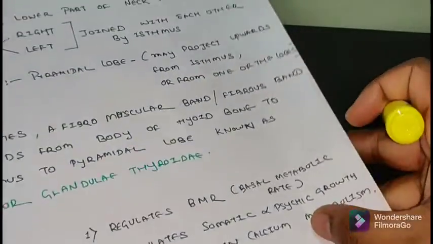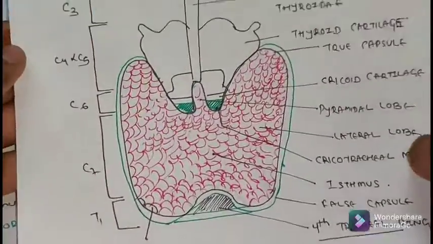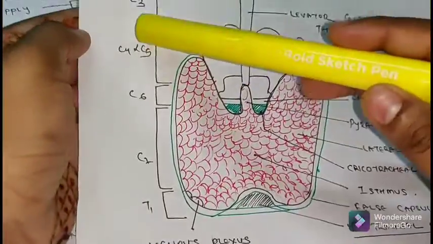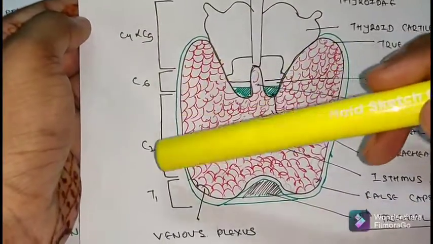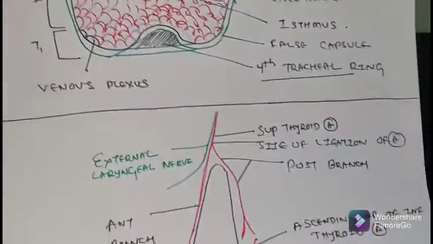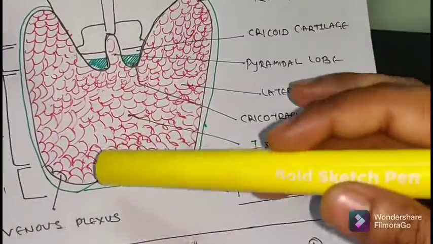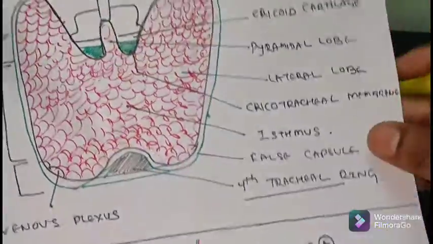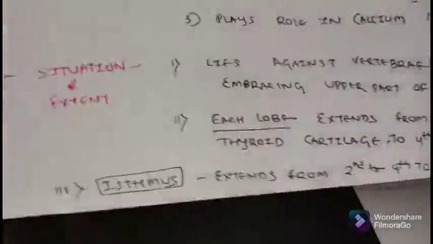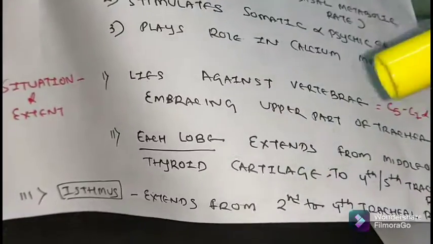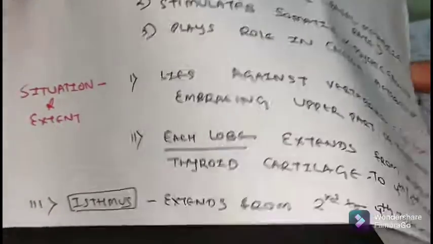From the diagram, we can see it extends from C4, C5, C6, C7 and T1, and this is the fourth tracheal ring. The isthmus extends from the second to the fourth tracheal ring.